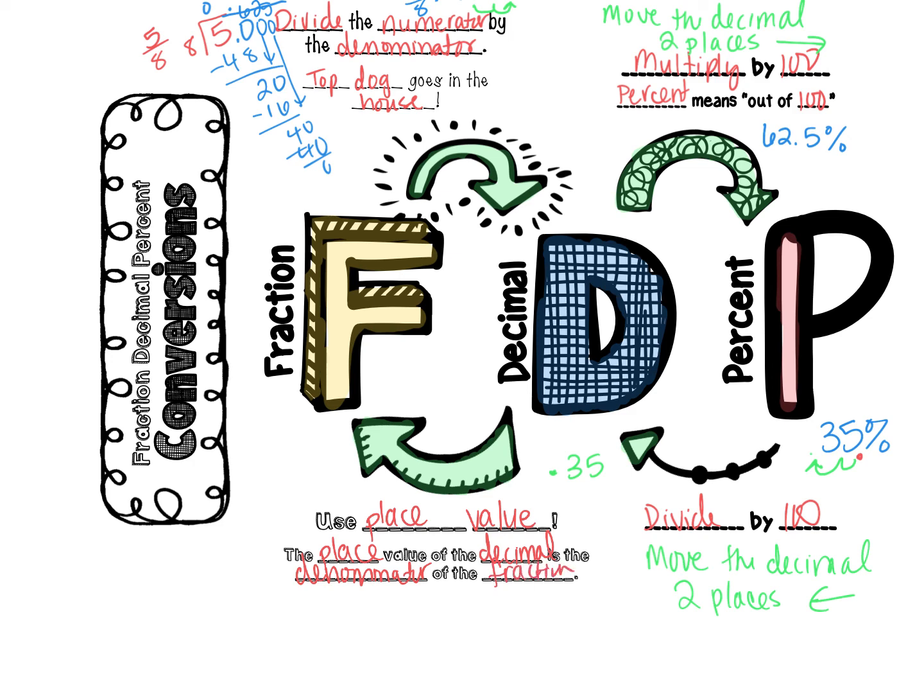In other words, I'm just going to read this decimal correctly, write it, and simplify it. So you really just read it, write it, and simplify it.